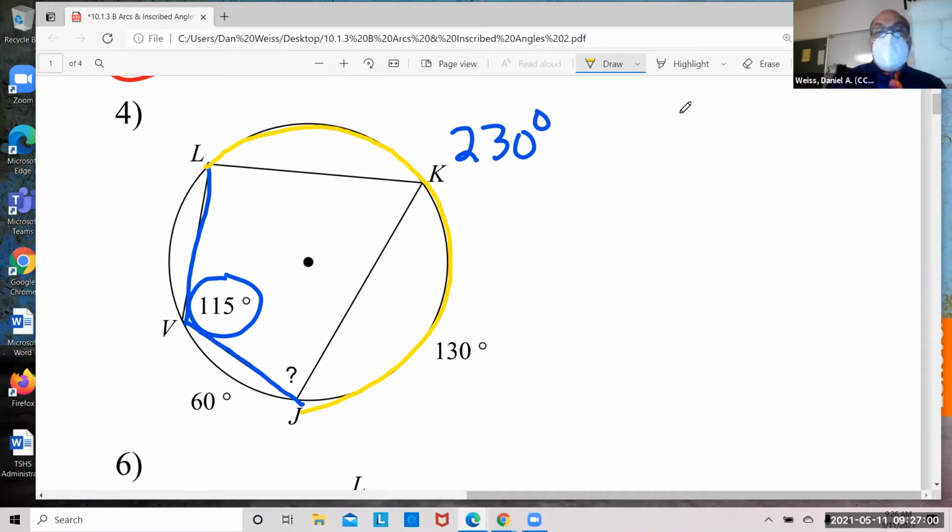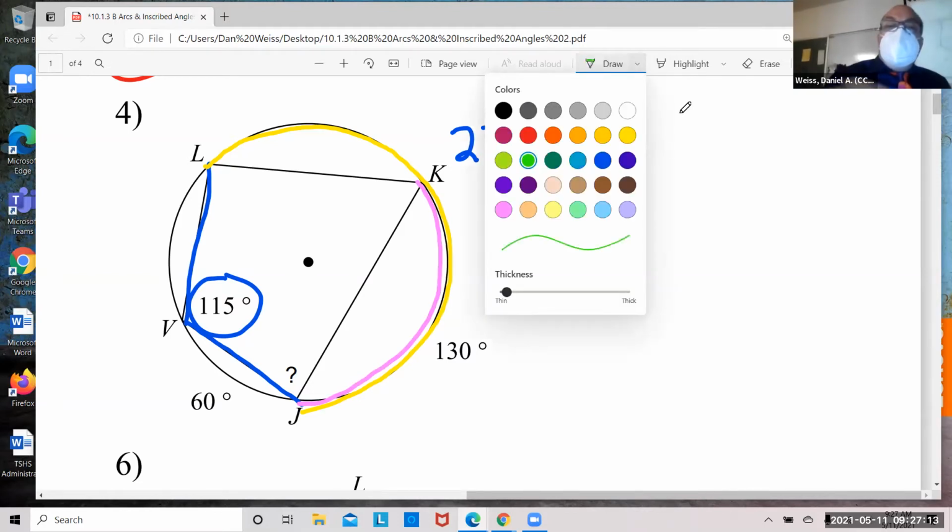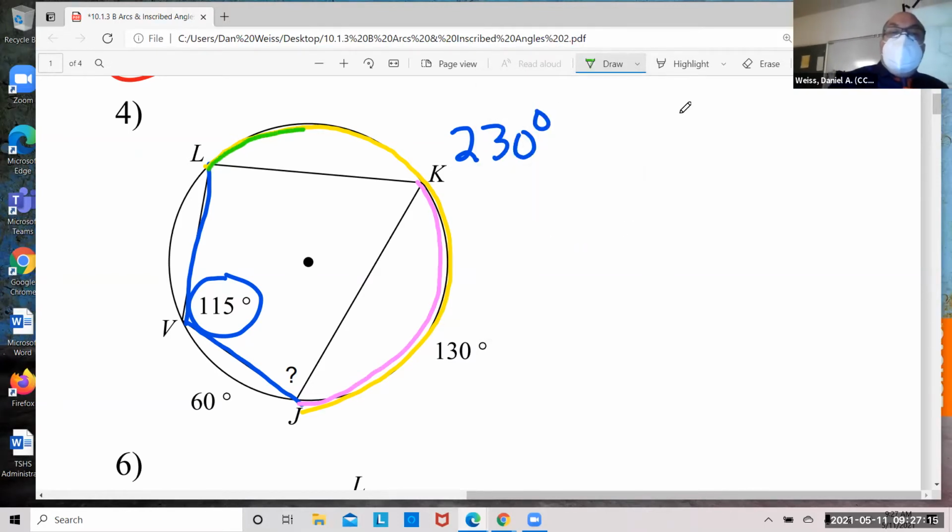All right. Which means if this piece here is 130, doesn't that mean this piece here is 230 minus 130, which is 100, right? Okay.